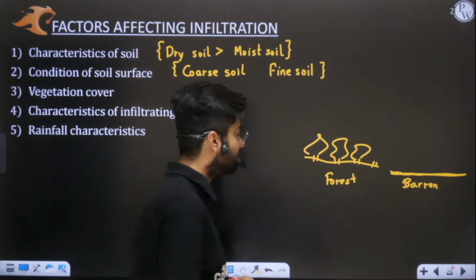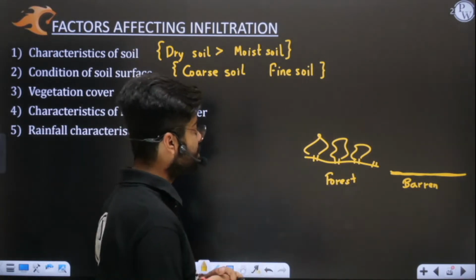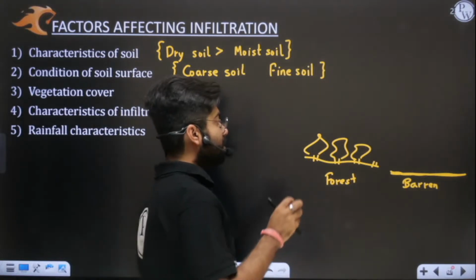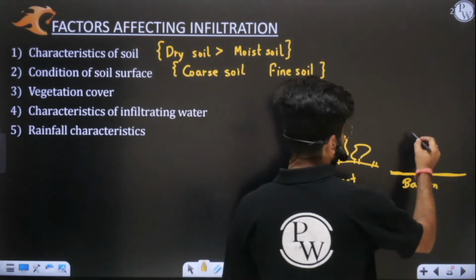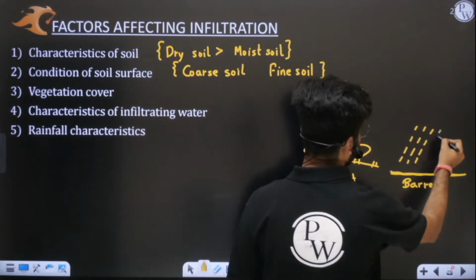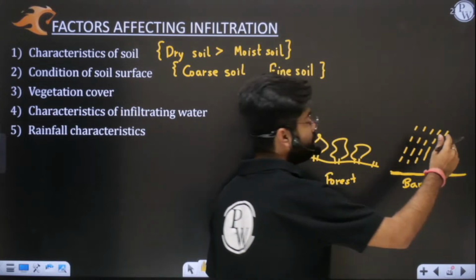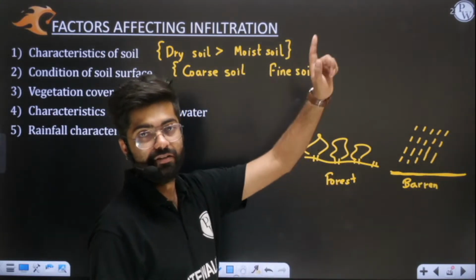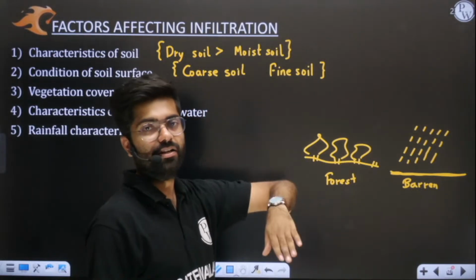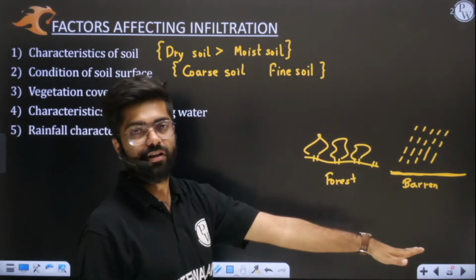Listen very carefully. Two important concepts are here. You need to understand those two concepts. First, you need to understand what happens when rainfall happens. The raindrop is falling from a very high height, and it will give a huge impact on the ground.